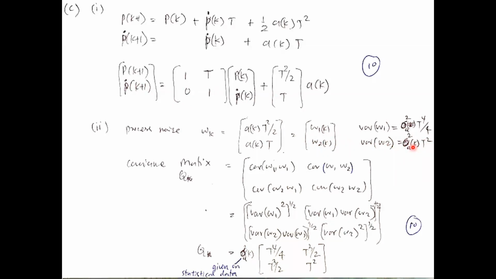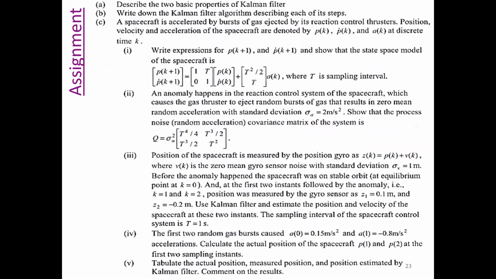Square it and get the square root, and you will end up having the same thing, sigma A square T square. So that is how you derive the process noise covariance matrix. So that is the second part.